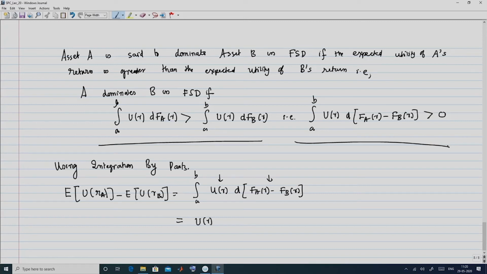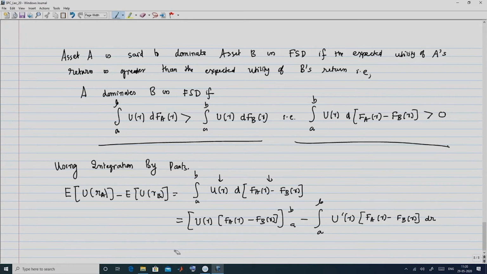So, it is the first function u of r into the integral of the second, which is F_A of r minus F_B of r, in the range a to b, minus the integral of the derivative of the first function, that is u prime of r, into the integral of the second function, that is F_A of r minus F_B of r, dr, and this integral is from a to b.